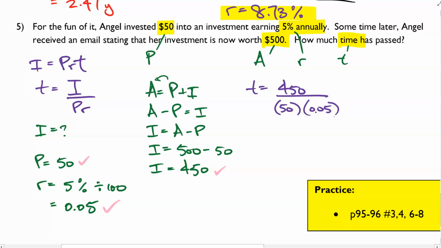That's the 5% as a decimal. T is equal to 450 divided by, and this is where I'm saying use a bracket, 50 times 0.05, just to make sure the calculator understands exactly what you want. And lo and behold, I got 180.